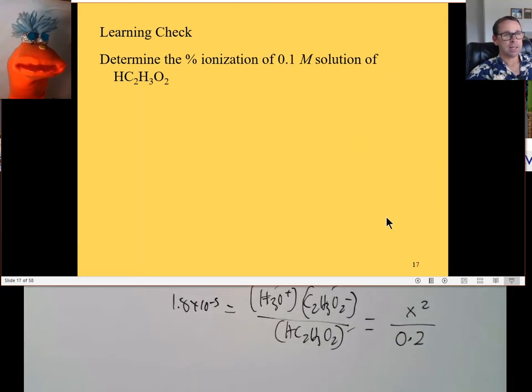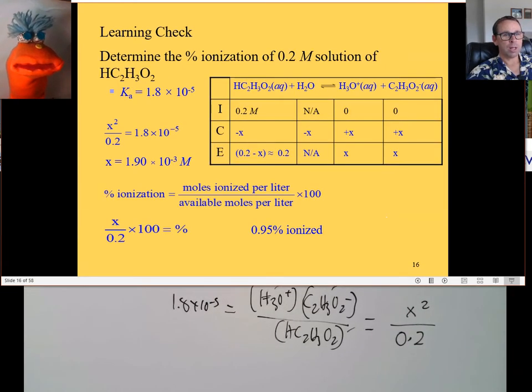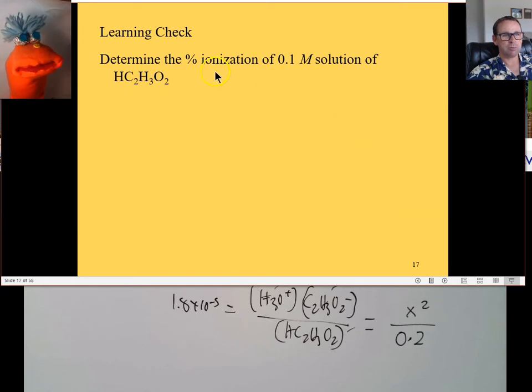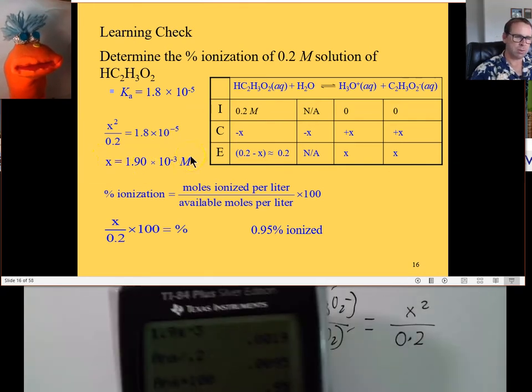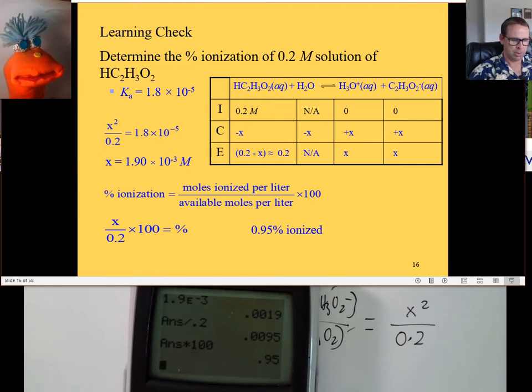Now, let's think of what the percent ionization will be if we only have a 0.1 molar solution of acetic acid. Let's go back here really quick. Let's take the negative log of 1.9 times 10 to the minus 3. What'll that give us? Well, that's the pH, right? That's right.